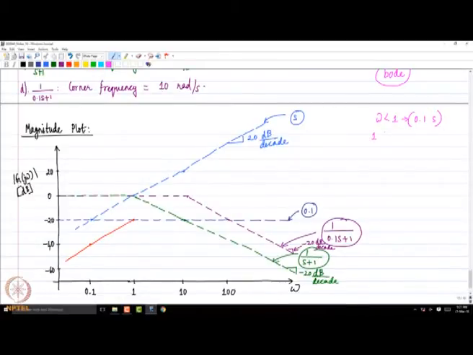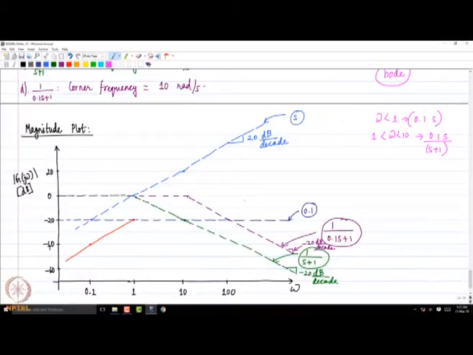Between omega 1 and 10, we will have 0.1 times s and 1 by s plus 1. Now s will contribute a slope of plus 20 decibels per decade, and 1 divided by s plus 1 will contribute a slope of minus 20 decibels per decade. The slopes will just cancel off. So what will I be left with?